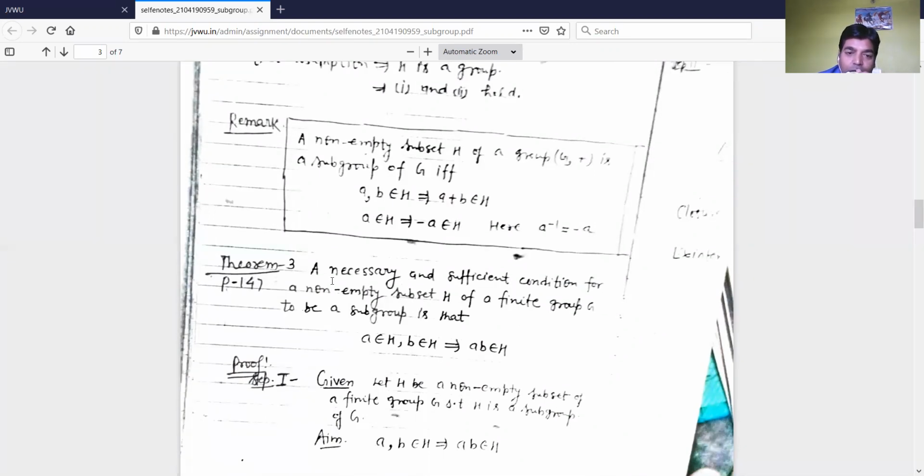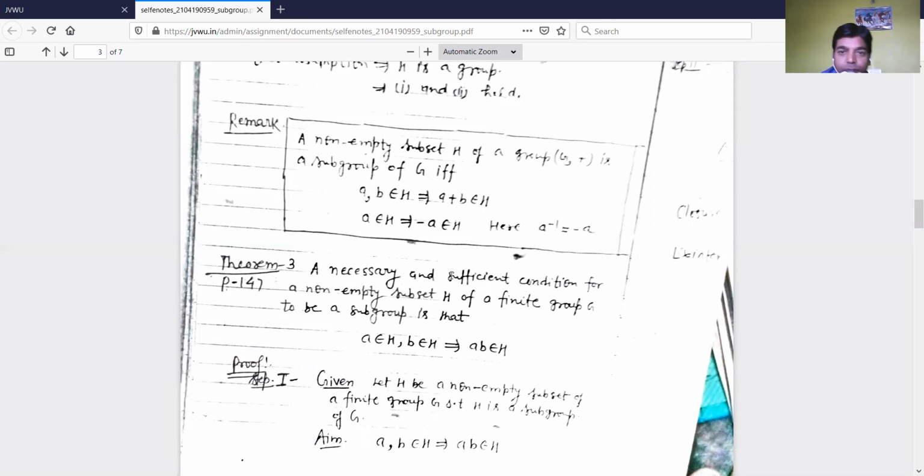Now the next theorem: the necessary and sufficient condition for a non-empty subset H of a finite group G to be a subgroup is that A belongs to H, B belongs to H implies AB belongs to H. This test is known as the one-step test.